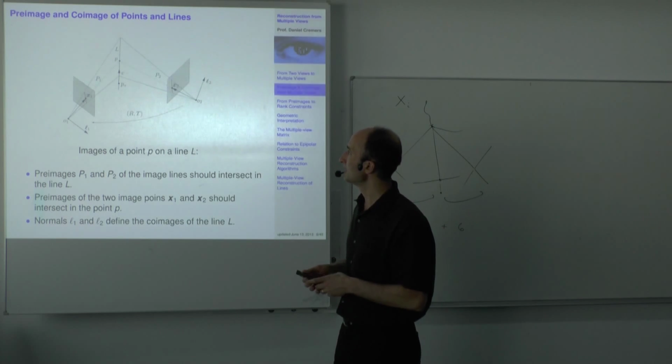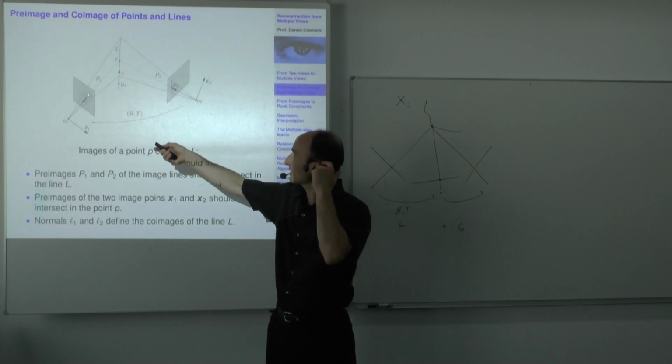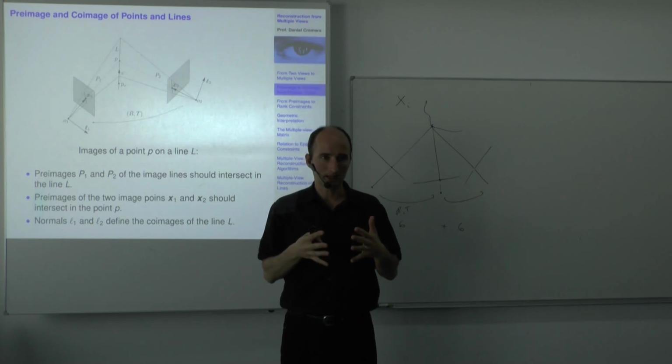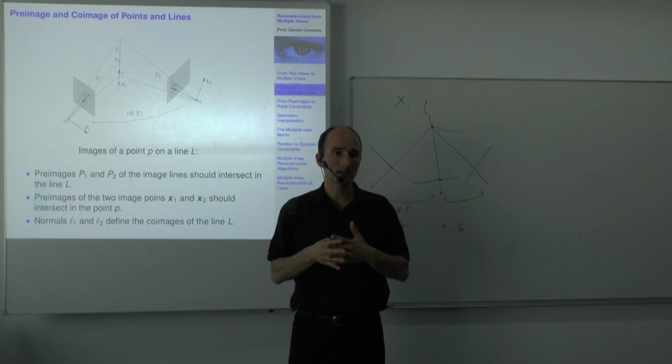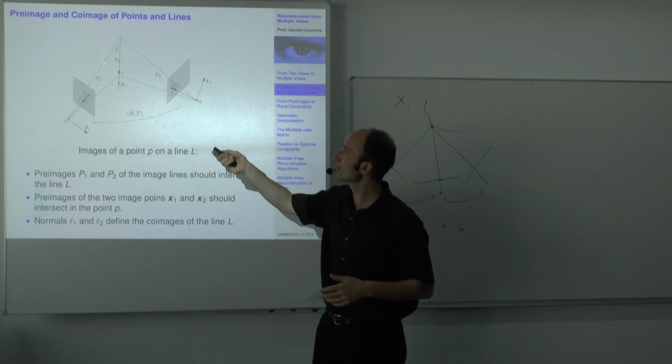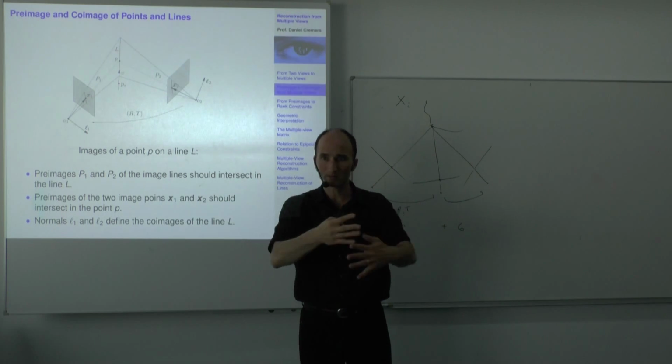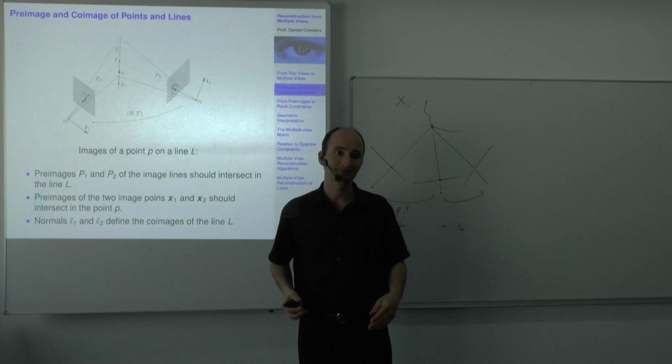Meaning, if I say, in order to have a consistent reconstruction, I want that there is a pre-image, that is not a constraint once you look at two images of a line, because the pre-images always intersect.